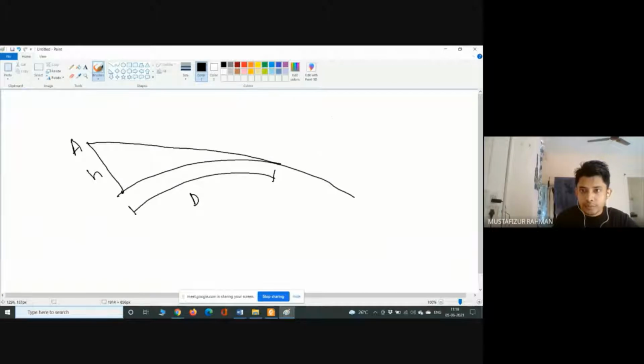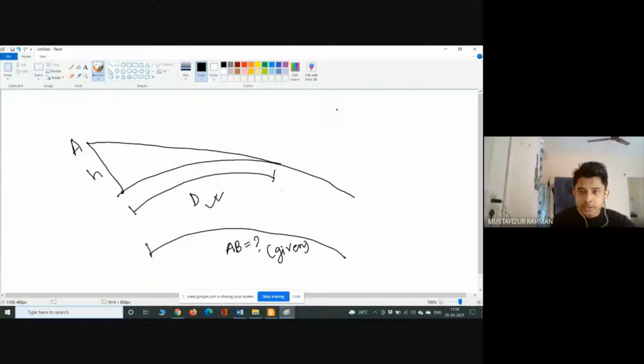We have this formula to find out H and D, right? Then using that formula, we will find out what D is. We are also provided with the distance between A and B. Okay, this is given.